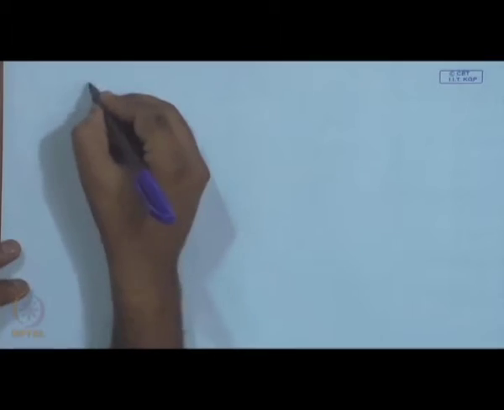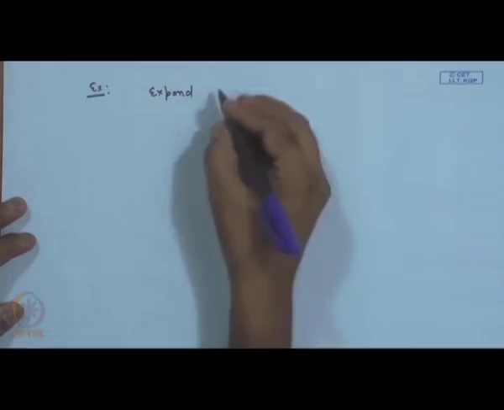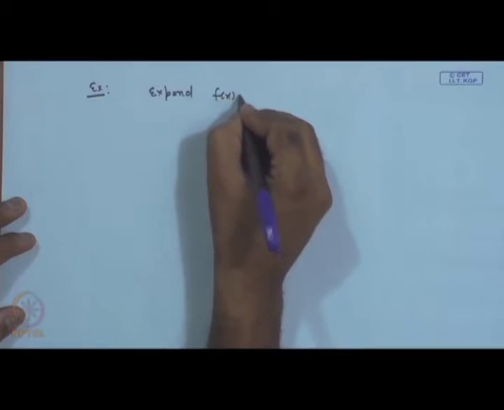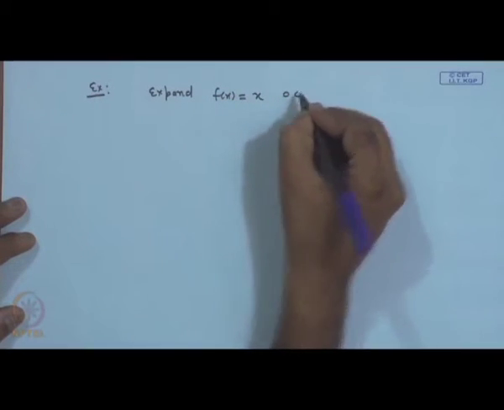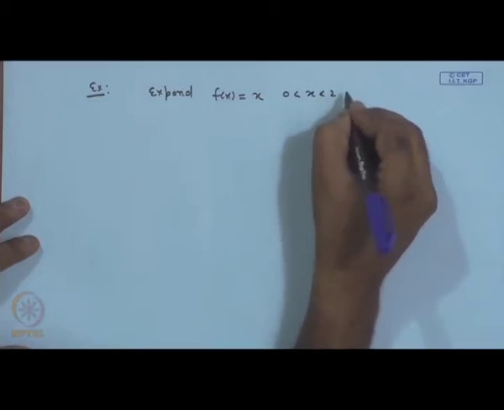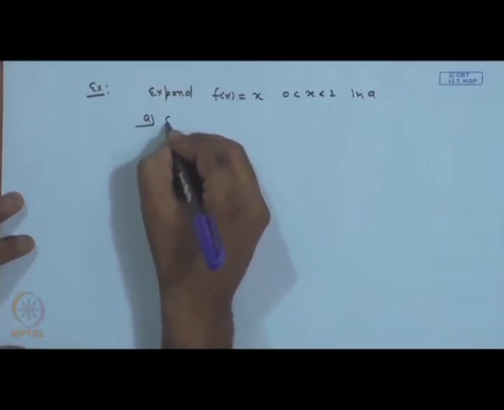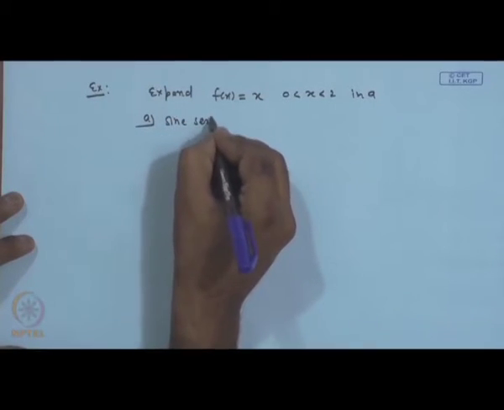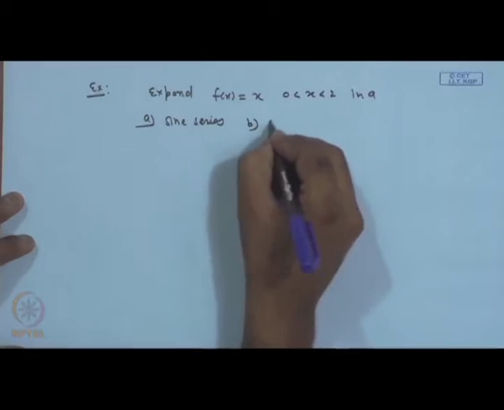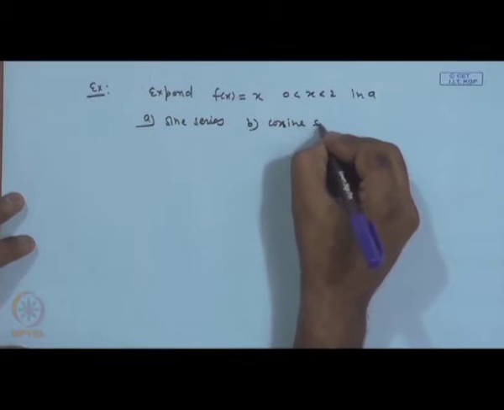Done. So, we now take an example where we expand f(x) = x, where x is given between 0 and 2, in a sine series, and the same function in a cosine series.